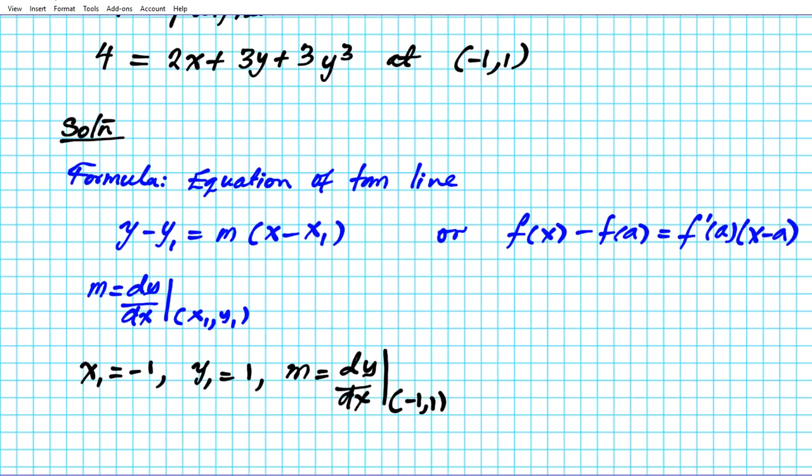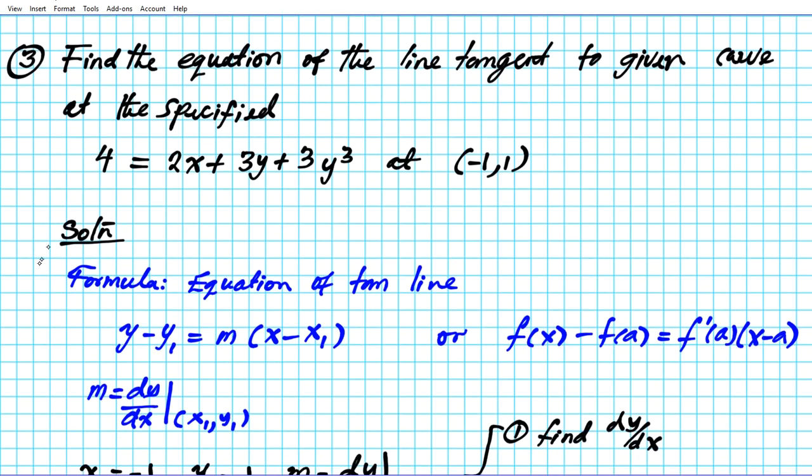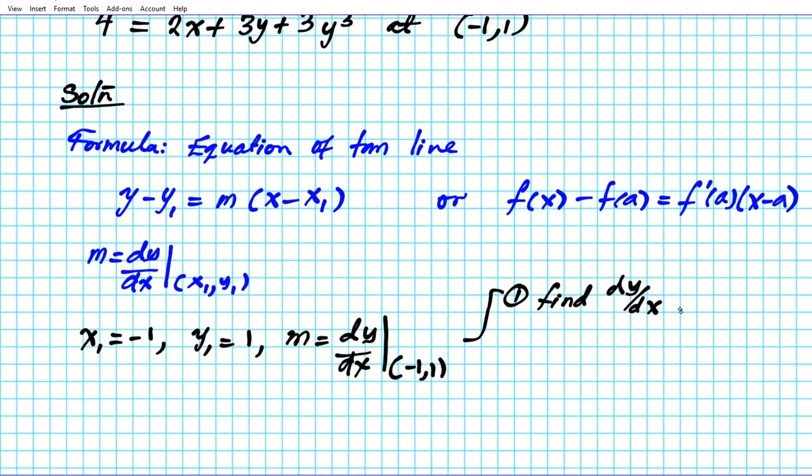In this particular problem, we're going to have to first find the derivative of the equation. Since this equation is not explicit, implicit differentiation will be used here. And then after implicit differentiating, part 2, we're just simply going to evaluate the derivative at the point of tangency, which is -1, 1.